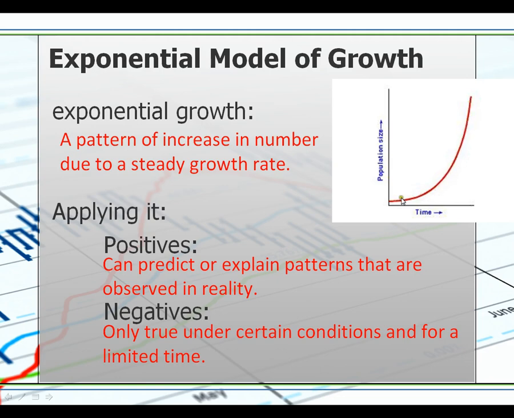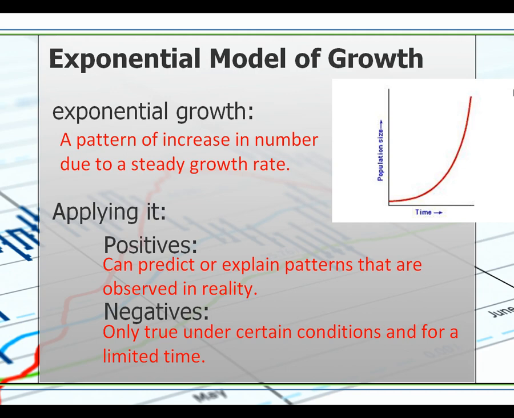Everybody's healthy, everybody's having babies, and the population just continues to skyrocket. The reason why this is only true under certain conditions is because this population has to have unlimited resources. It has to have unlimited places to live, unlimited places or things to eat, unlimited water supply, all of those things. And of course, in reality, eventually, those will run out.